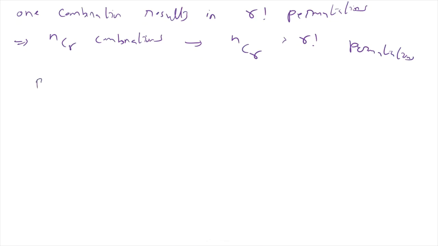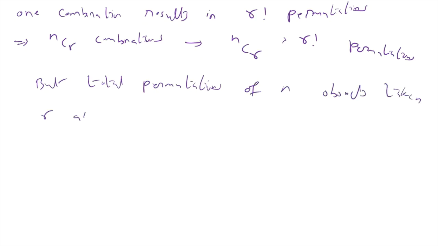But the total number of permutations of n objects taken r at a time is nPr.